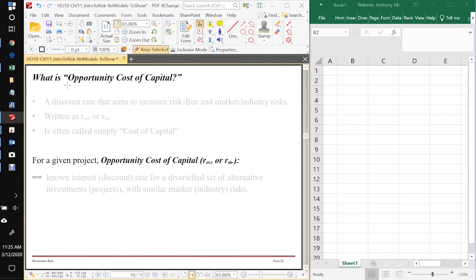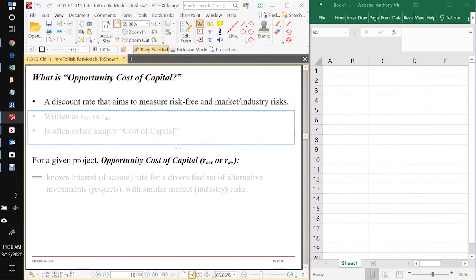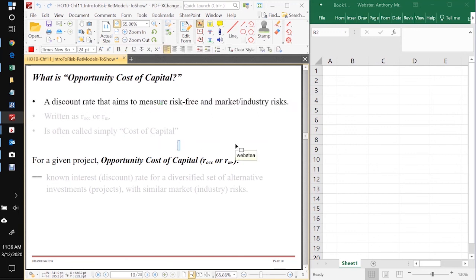Now let's go back to macroeconomics. I know some of you haven't had macroeconomics, so we'll start from the very beginning and ask the eternal question: what is our beautiful opportunity cost of capital? Hopefully this is what you learned, those of you who've had macroeconomics. And if you haven't, you don't have to worry about it.